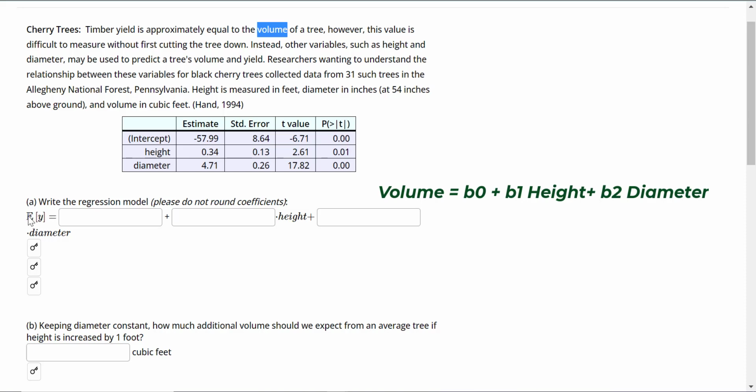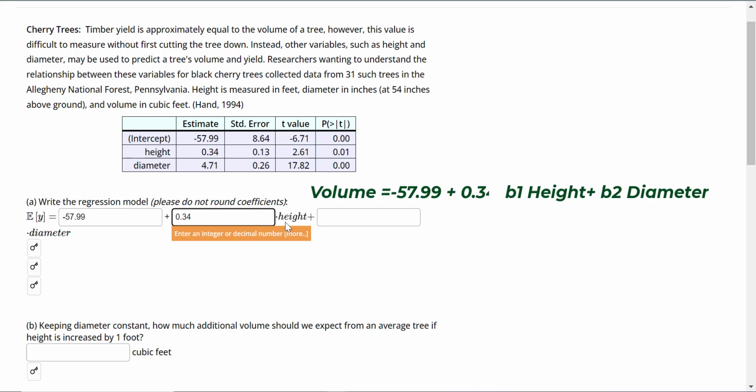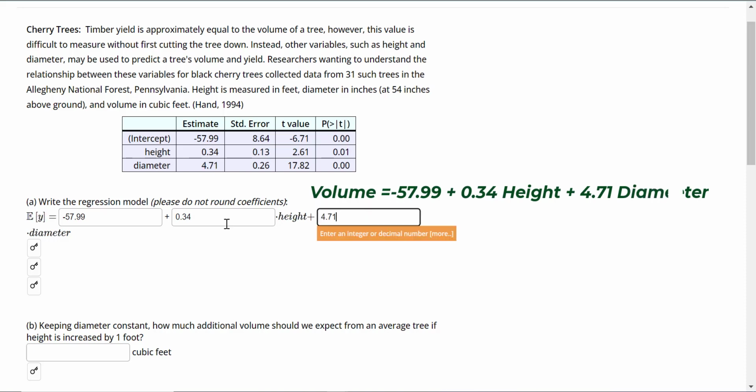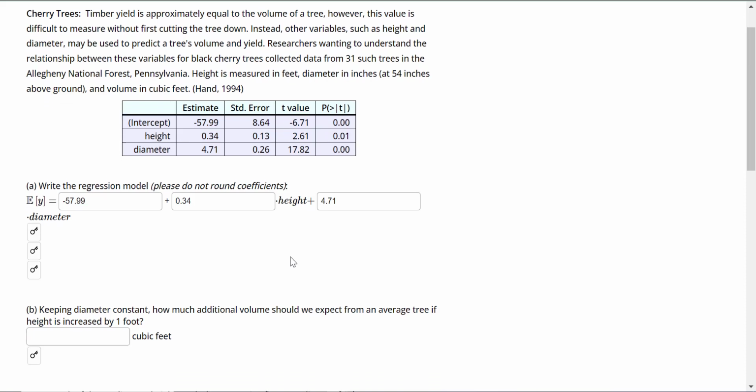So y hat, or what we expected of y here, would be the intercept, which the estimate is negative 57.99, plus the slope for the height, which would be 0.34, plus the slope for the diameter, which is 4.71, and that would be the linear equation that we have.